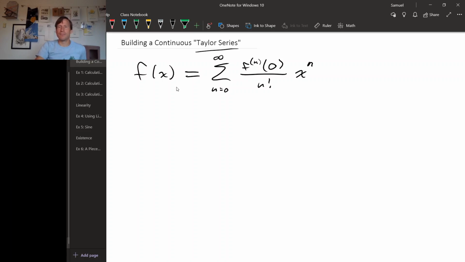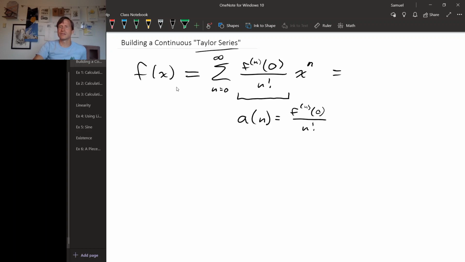All right, so one way to think about what this Taylor series is doing is this coefficient here, we can think of as a function. Let's call this function a of n. So a of n is the nth derivative of f at 0 over n factorial.